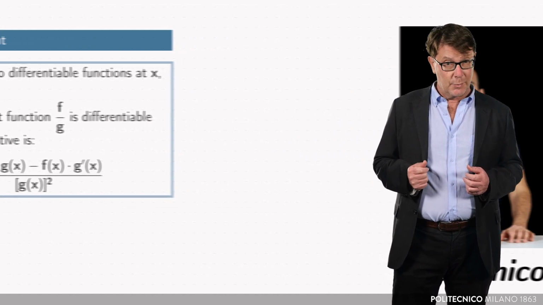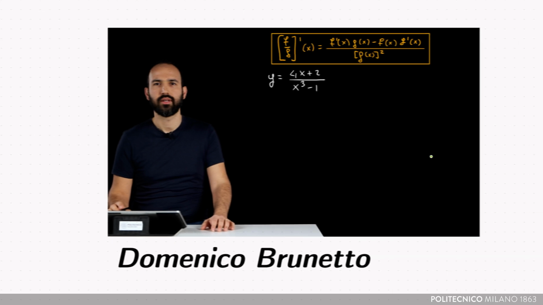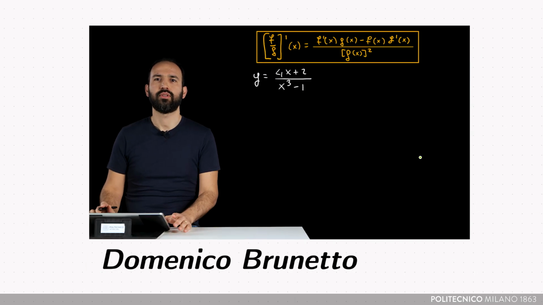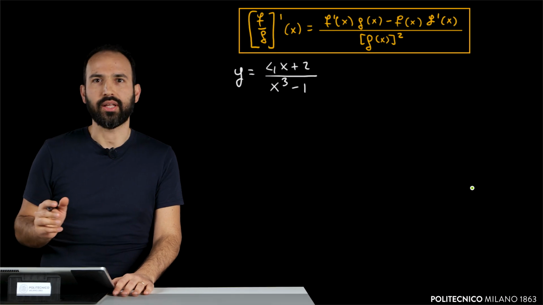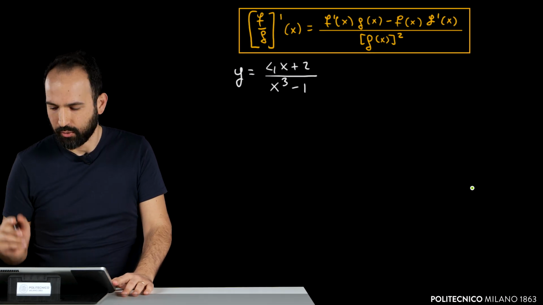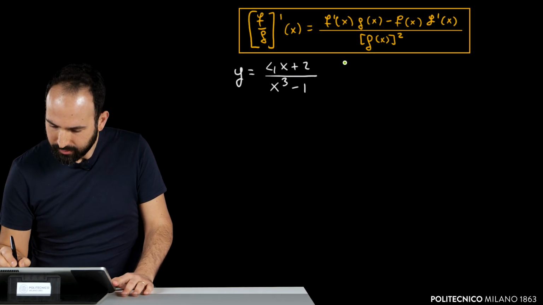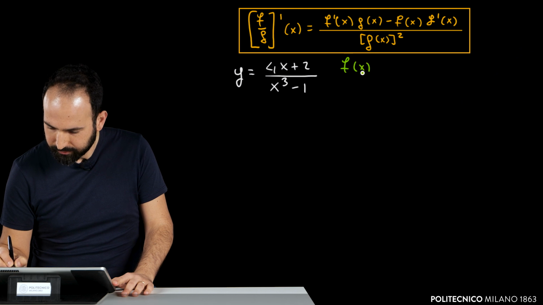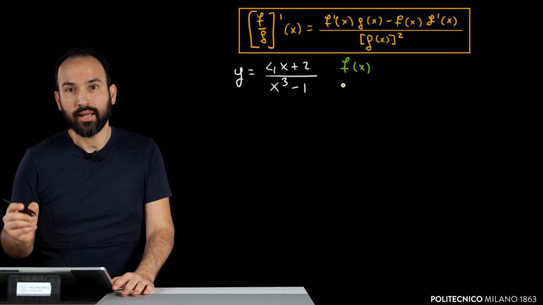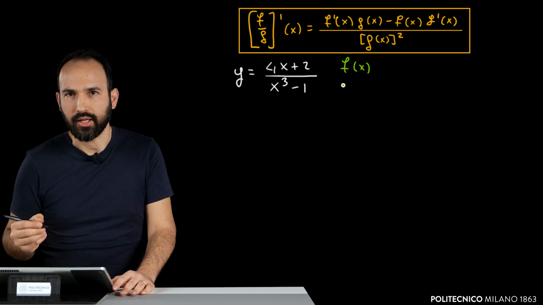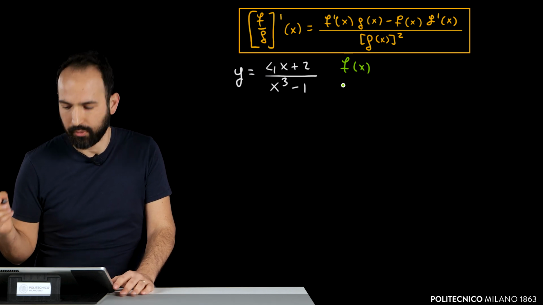Let's see an example. Let's compute the derivative of this rational function. The numerator, denoted by f in the quotient rule, is this polynomial 4x plus 2, while the denominator, g, is the polynomial of degree 3.